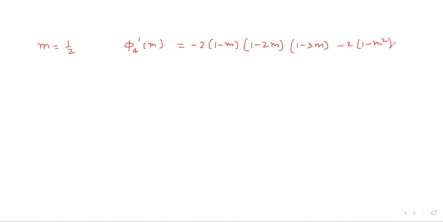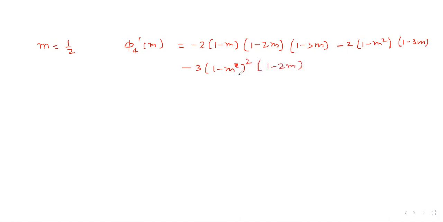So now, for m equal to half, phi 4 dash m, we have got as minus 2 times 1 minus m times 1 minus 2m times 1 minus 3m minus twice of 1 minus m square times 1 minus 3m minus 3 times 1 minus m whole square times 1 minus 2m.